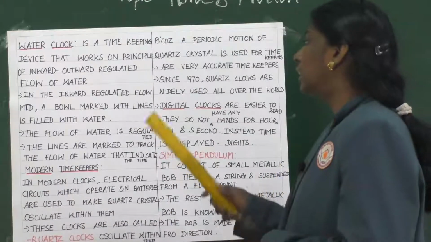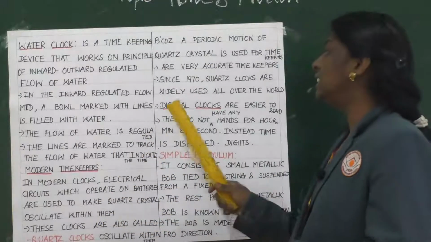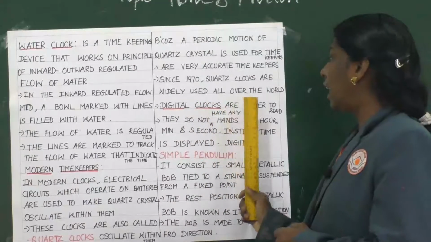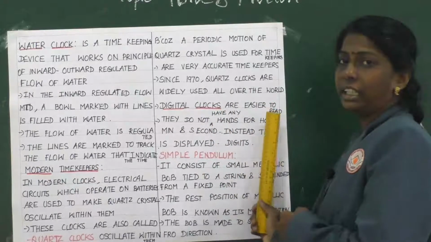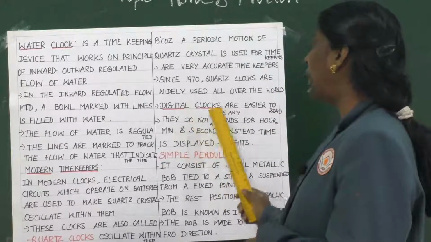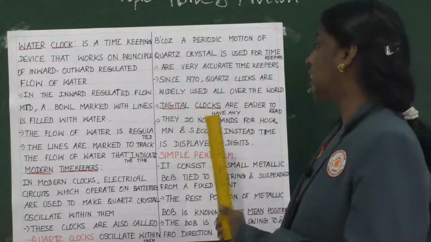Then the next important thing they are using in modern days is digital clocks. What are digital clocks? They are easier to read. They do not have any hands for hour, minute and second.